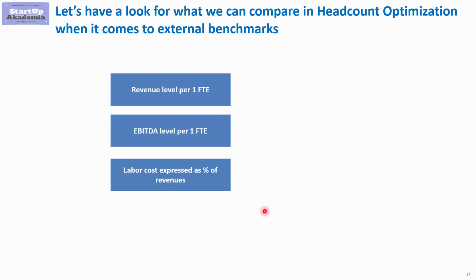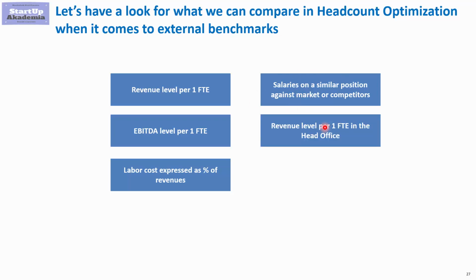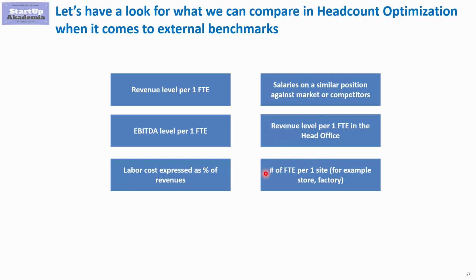Now, if we want to go into more details, we can also look at salaries on a similar position. And here we would compare salaries in the firm we are analyzing against the market or against competitors. And we can also look at the revenue level per one FTE in the head office or the number of FTEs per one site, for example, store or factory. So in the case of the last two benchmarks, they would be extremely useful if we want to analyze a specific part of the company, how efficient it is.